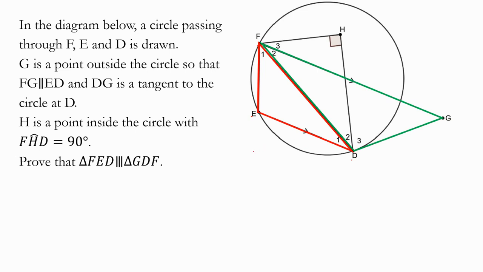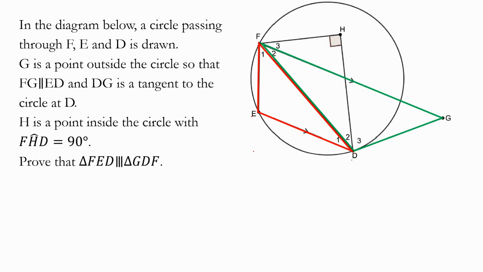Remember, when you're proving similarity, we can prove that the triangles are similar by proving that the corresponding angles are equal, or by proving that the corresponding sides are in proportion. Now we're told that FG is parallel to ED, so we're talking about geometry of parallel lines here.